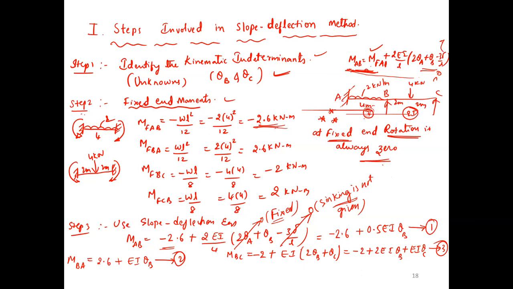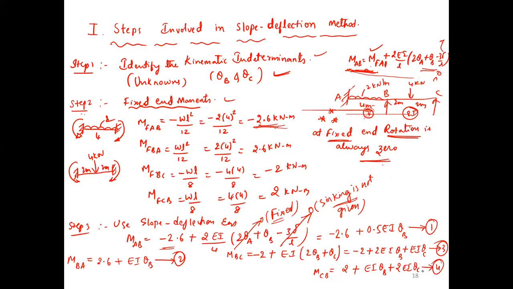Next, similarly determine MCB. MCB is 2 plus EI theta B plus 2 EI theta C. This is equation number 4. You get 4 equations. Any doubts in the 4 equations?